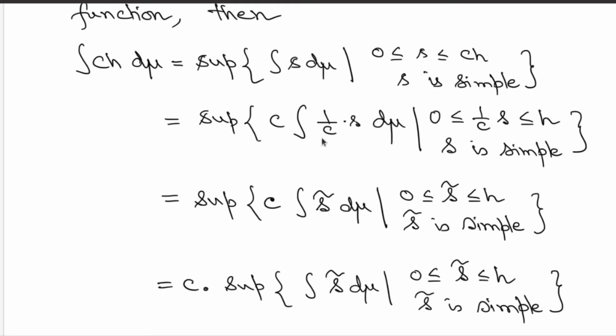You can multiply and divide by the same positive scalar. Then 1 by c times s is a simple function. In terms of the new notation, you look at all simple functions below h and call them s tilde. You are just rewriting 1 by c times small s as s tilde, that's all. So you are just going from this supremum to this supremum. This is just a change in the indexing of the simple functions, but the supremum remains the same because the values remain the same.